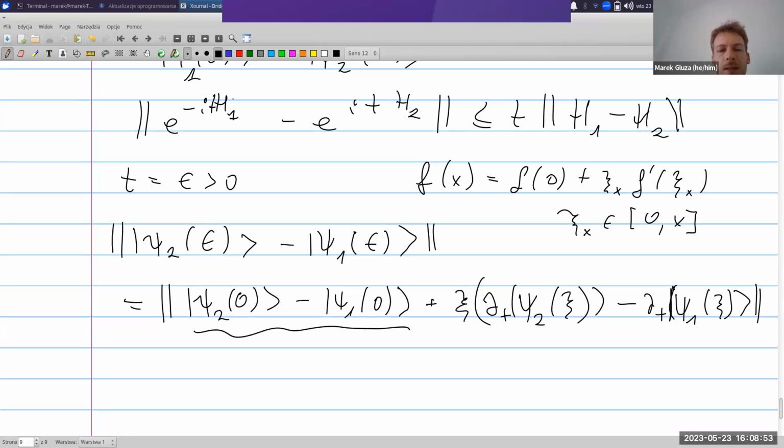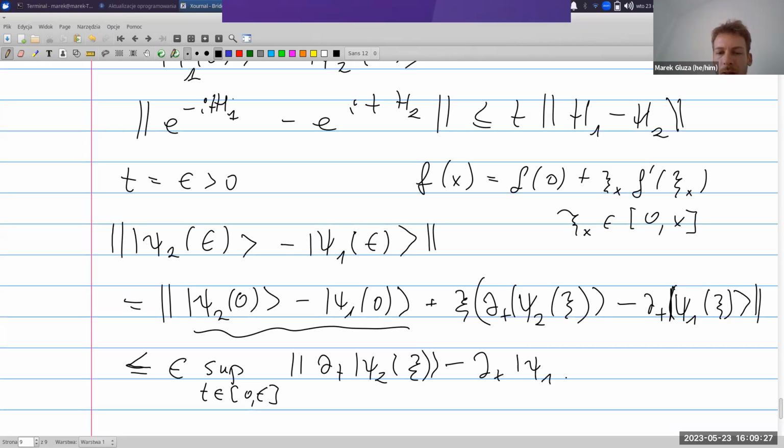But because I was forcing the initial condition to be equal, I get that this is basically upper bounded by epsilon times the supremum over t in 0 until epsilon of dt psi2 minus dt psi1 at our xi here.